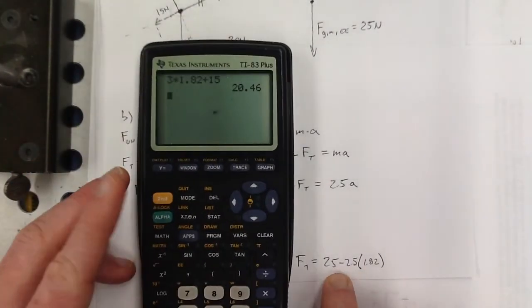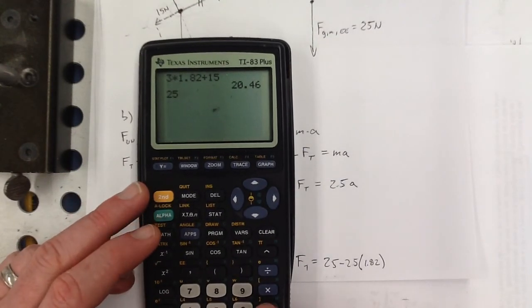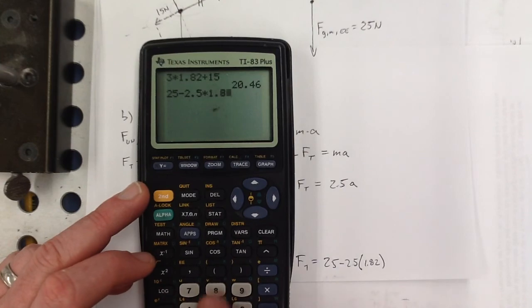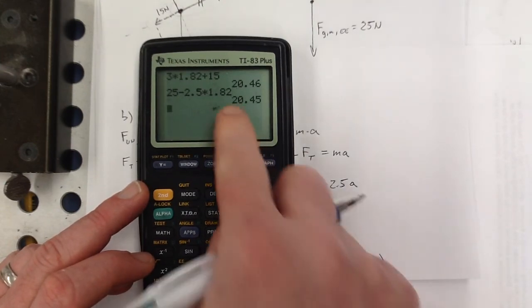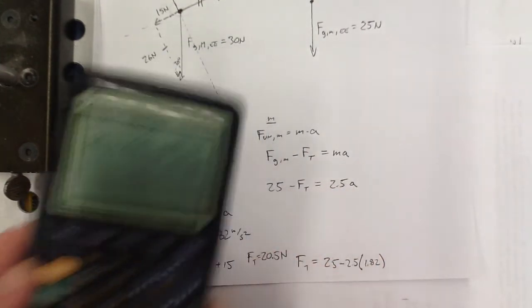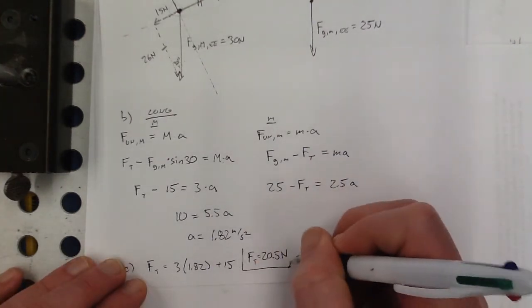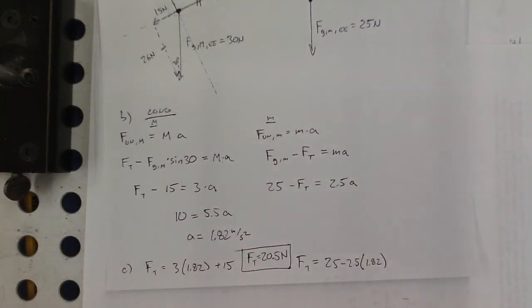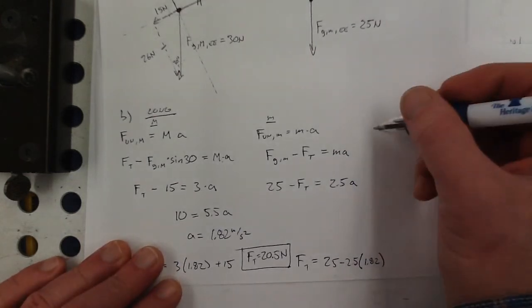And then if I do it this way, 25 minus 2.5 times 1.82 is 20.5. So either way.